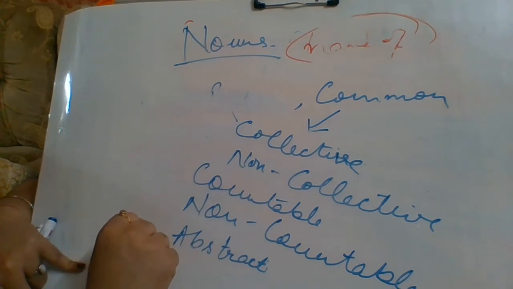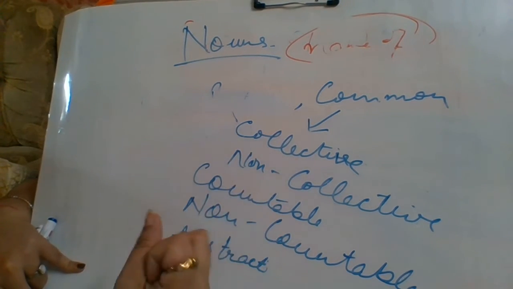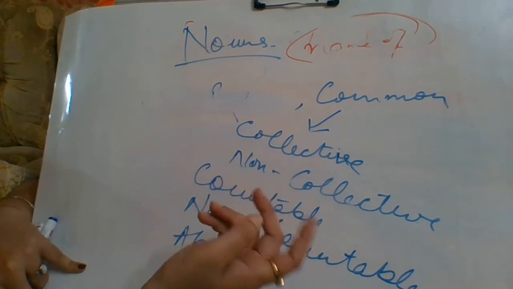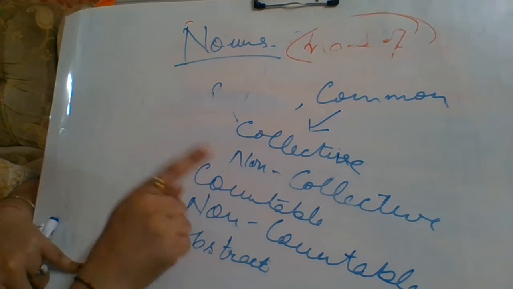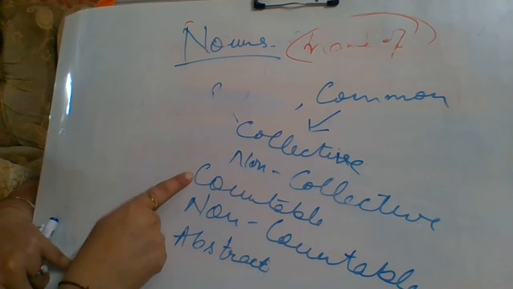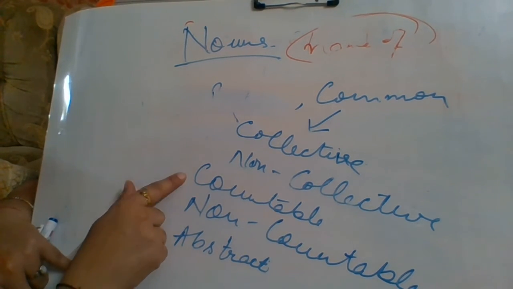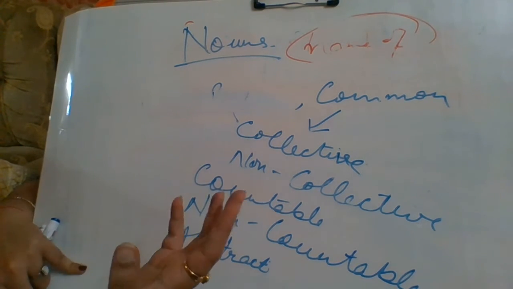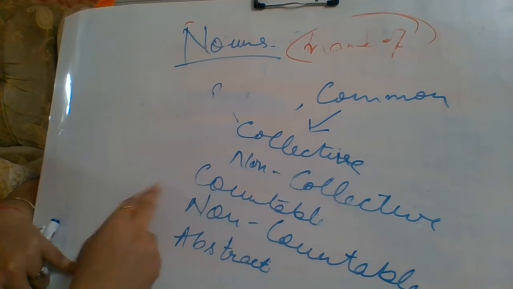Non-collective nouns are those which we cannot collect, like imagine the collection. Countable nouns are those which we can count. I have 4 books. I have 5 books. I have 2 tables. I have 1 laptop. These are countable nouns.